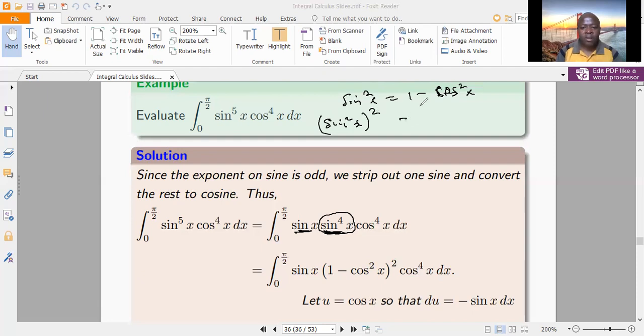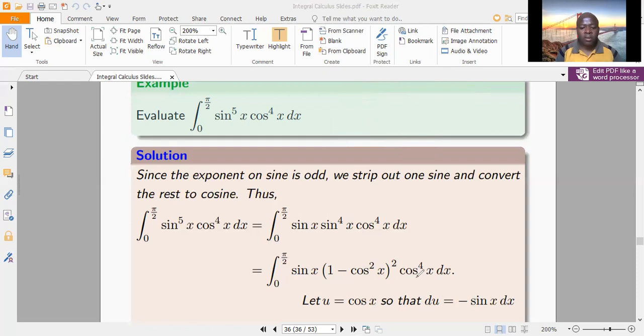In other words, this is the same as 1 minus cos squared x, all squared. That's how this comes in.